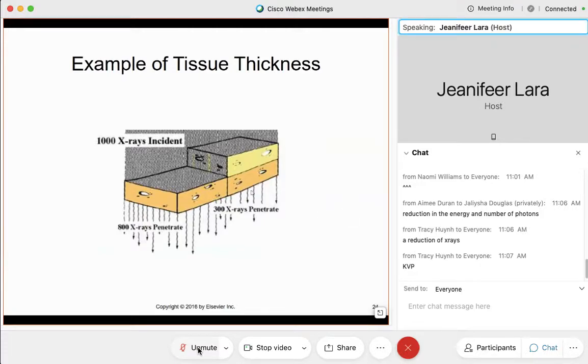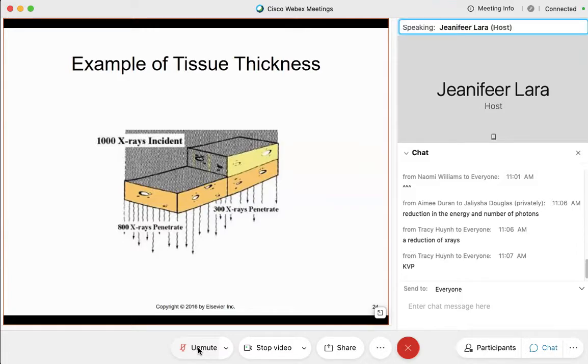If you notice, the thicker, the double layer allows fewer X-rays to transmit or penetrate versus the thinner layer. The thinner layer allows more photons to transmit or penetrate. So indicating the thicker the tissue, the less penetration, or reverse. The thicker the tissue, more beam attenuation.